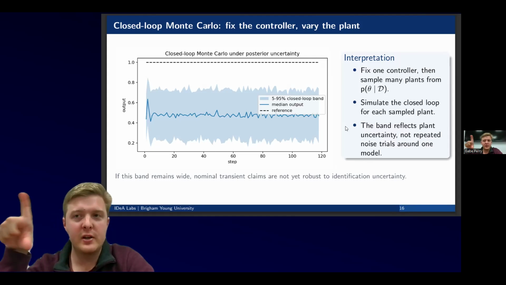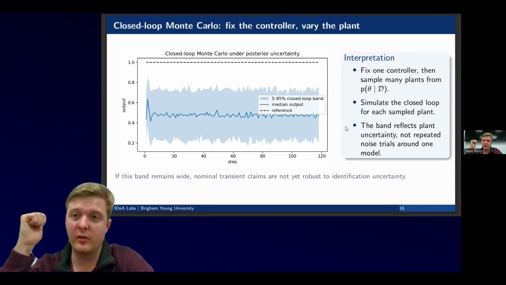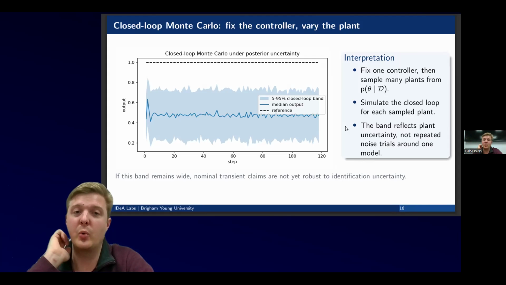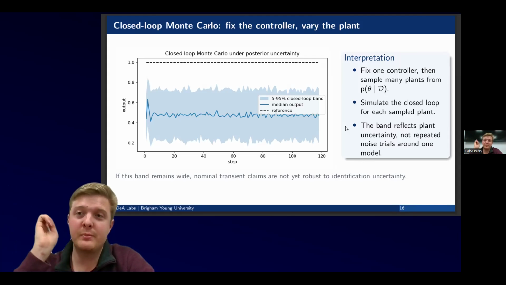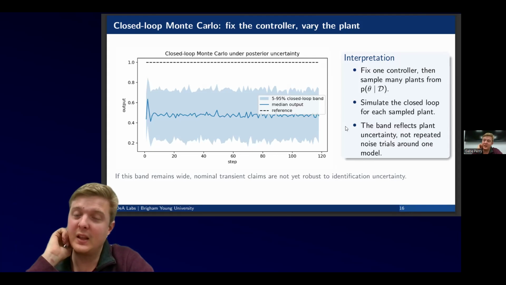And we can see that the posterior distribution under this controller, the 95% confidence interval, is all below that gain of 1. So we are fairly confident that this controller will stabilize this system, even though we identified the system with potentially not great data. Because we explicitly said what our posterior distribution is, we are confident that the controller will stabilize it, even though we are not confident of exactly what the system behavior is.